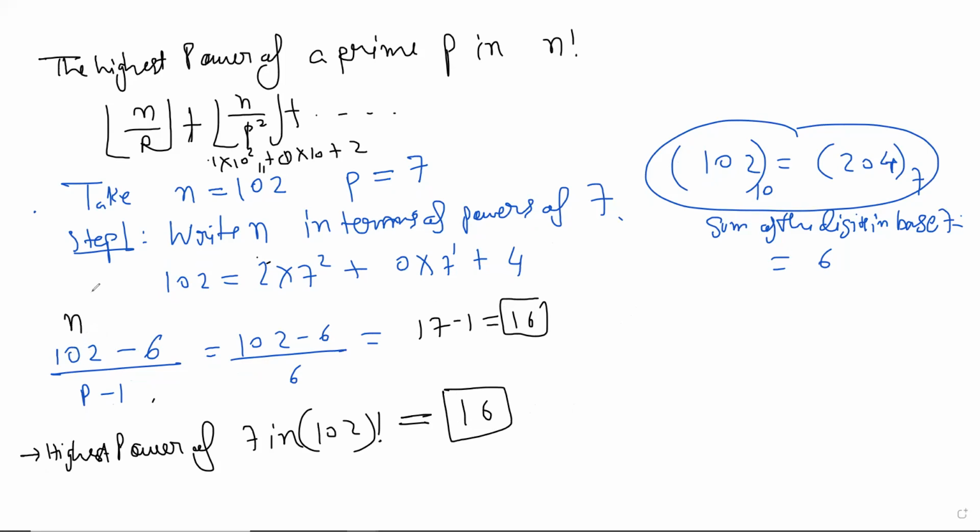Then we said you take the number, you write it using powers of 7, and you take the digits you get in that case. You take the sum of the digits and you subtract it. So this is the sum of the digits in base P, in base 7 here.